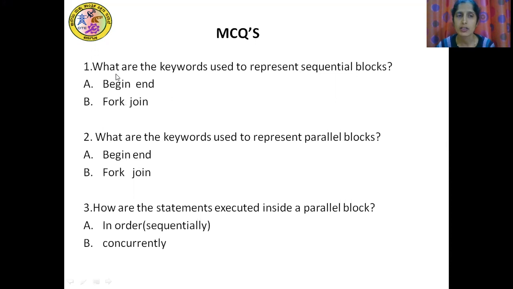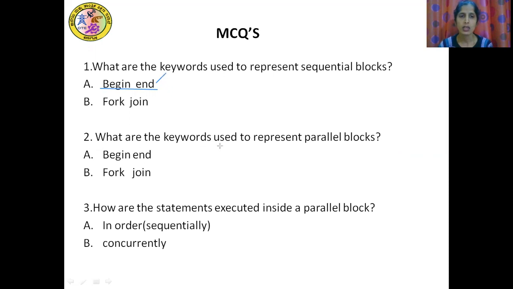The first question is, what are the keywords used to represent sequential blocks? Whether it is begin and end or fork and join. As we know, sequential blocks are enclosed between the keywords begin and end, and hence this is the right answer.